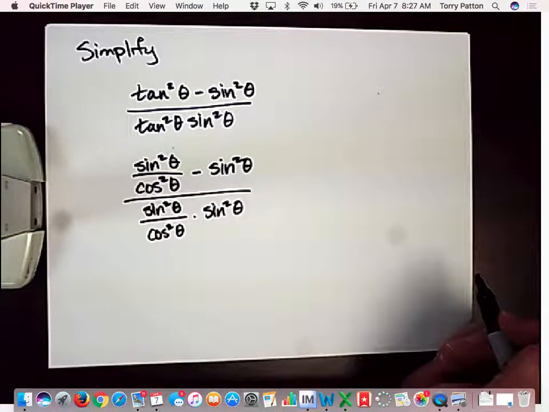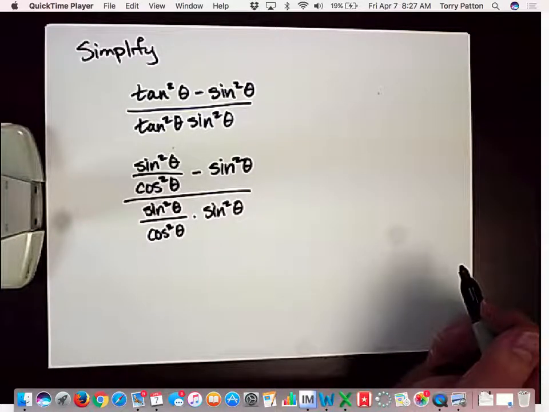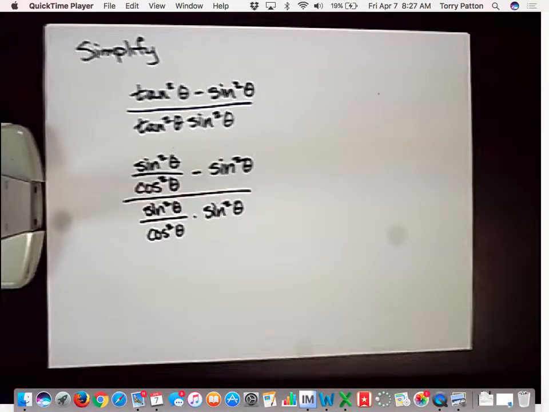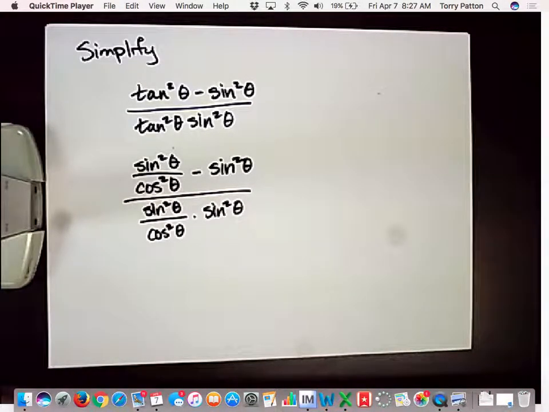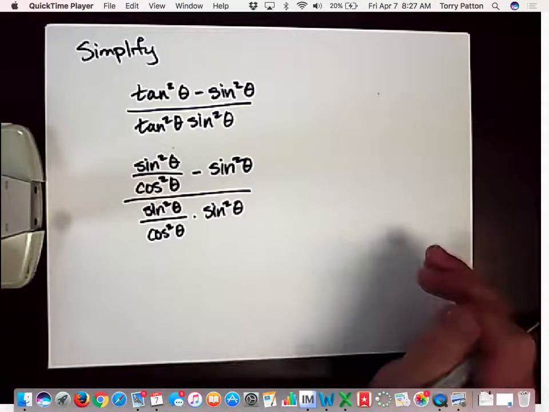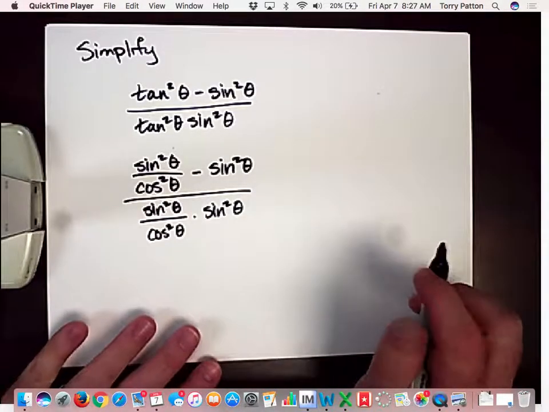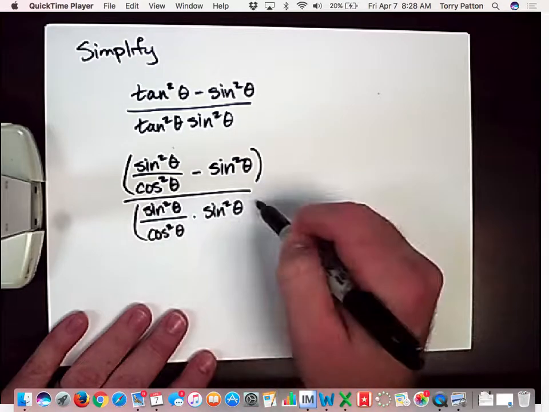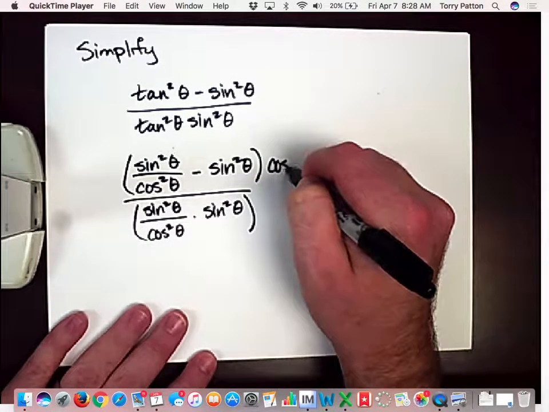Right? Okay. Now this is a compound fraction. How can we simplify a compound fraction? So, we're going to multiply top and bottom by cosine squared theta.